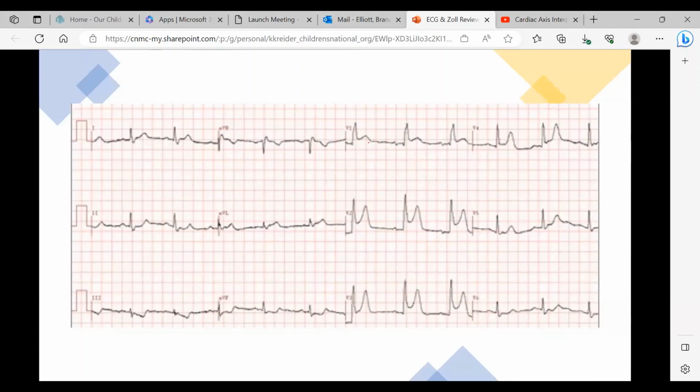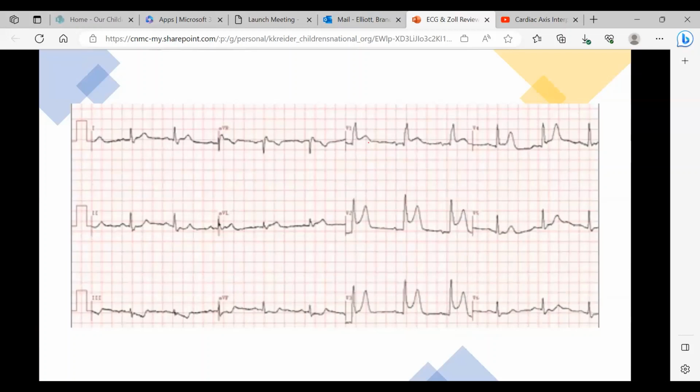I don't think I see any bunny ear things. And then to me, it looks again like 2, 3, 4 of those T waves are probably pretty peaked.